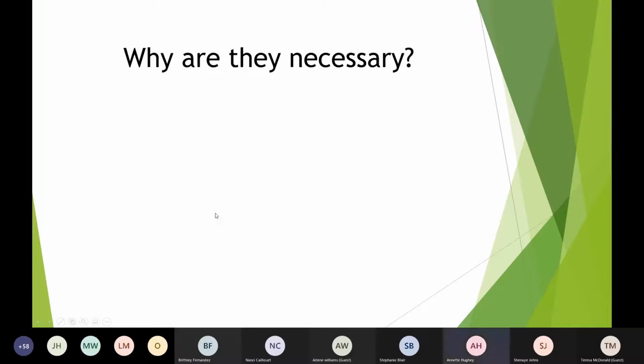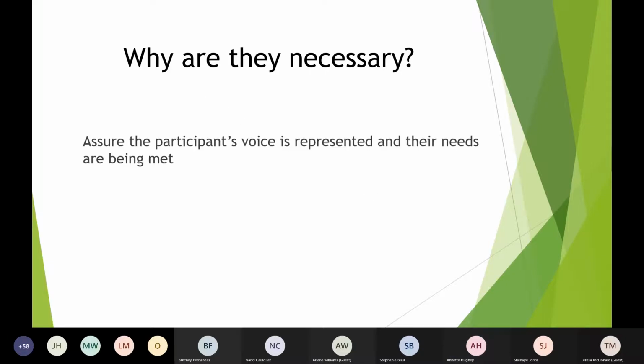Why are they necessary? They're necessary because the IEP and the ISS represent the participant's voice and show forth their needs.